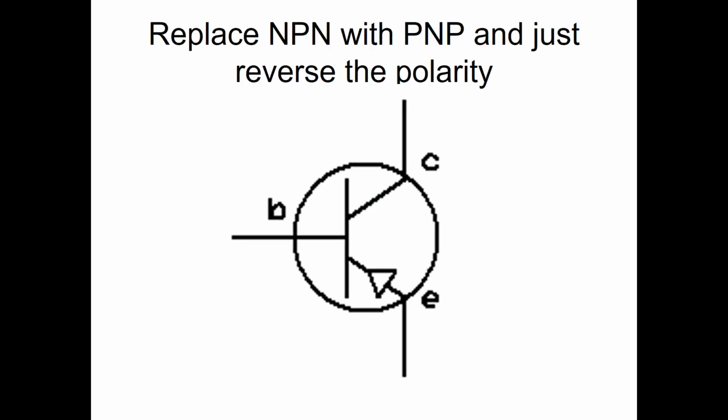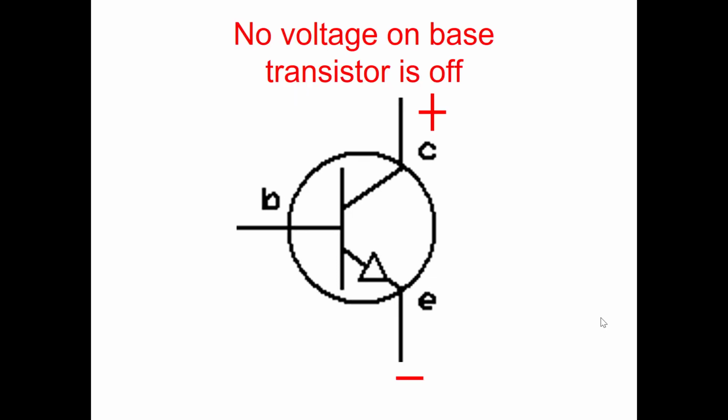You can replace an NPN transistor with a PNP transistor, and usually they'll work if you just reverse the polarity. I also want to point out that to remember NPN and PNP, this transistor is NPN, and the way I teach it to my students is the arrow in the transistor schematic symbol points the direction of current flow for conventional flow from positive to negative.